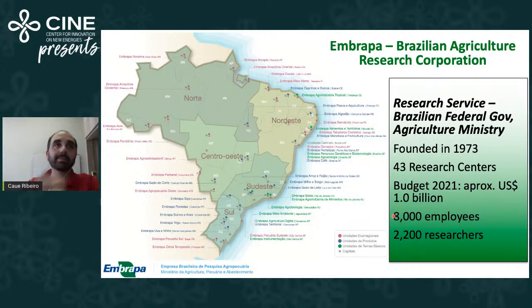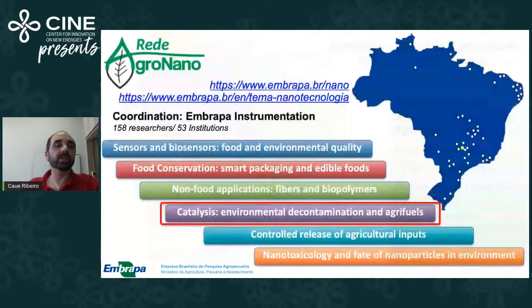I invite all of you, everyone who is in Brazil, to visit us here in São Carlos or visit us in one of our centers spread in the country. And specifically, I acknowledge the AgroNano Network, which is a network of research based in Embrapa researchers to explore these prospective applications for photocatalysis and other applications of material science in agriculture.